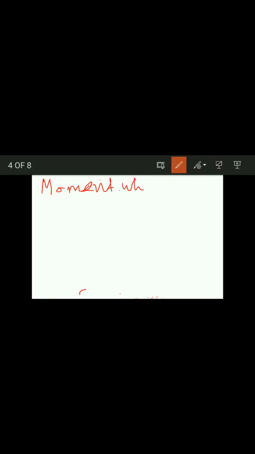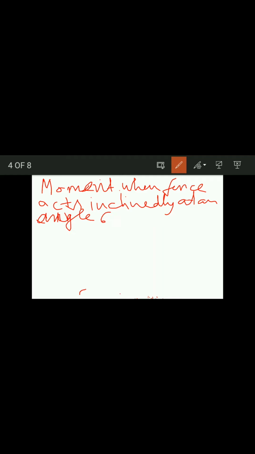Moment when the force acts inclined at an angle 60 degree with the door or with the horizontal.